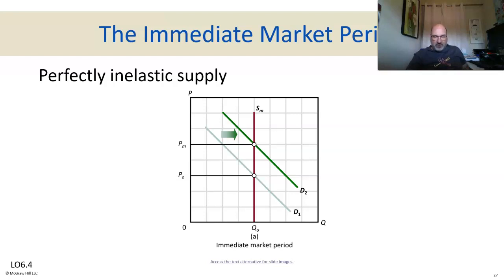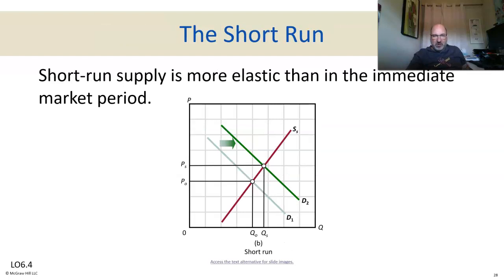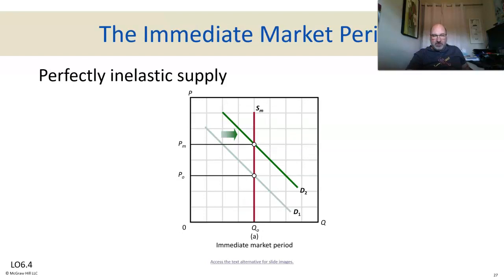So wherever demand falls, that's what's going to be priced. This one right here is the immediate market period. It is perfectly inelastic. Supply is fixed, and demand is just going to be on that. That's the immediate market period.